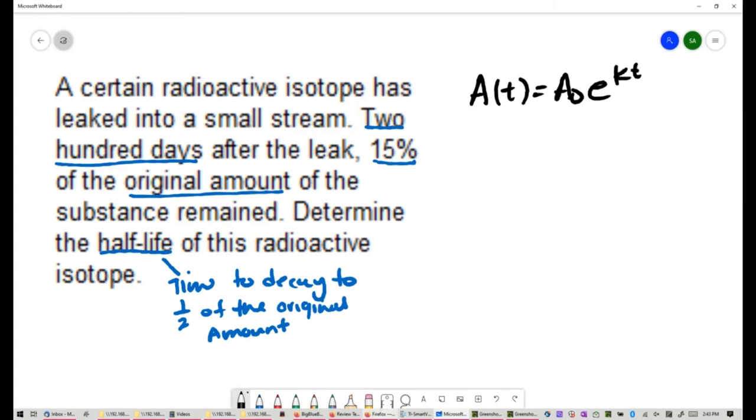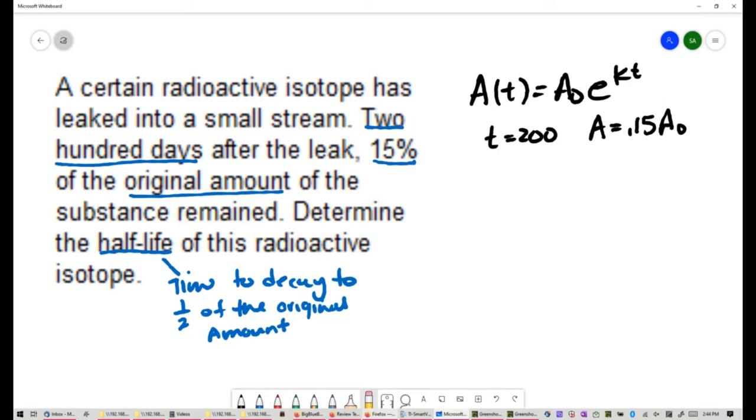And we know that it takes 200 days for us to get to 15% of the original amount. So it didn't give me any specific numbers of how much you started with or how much you ended with, but it is giving me that after 200 days, 15% of what you started with remains.